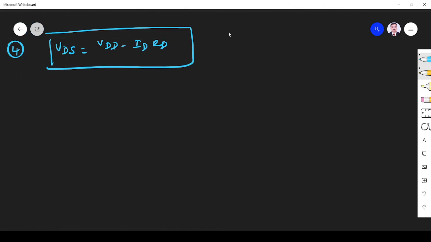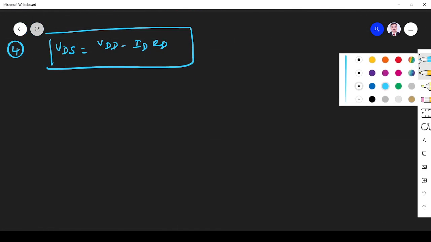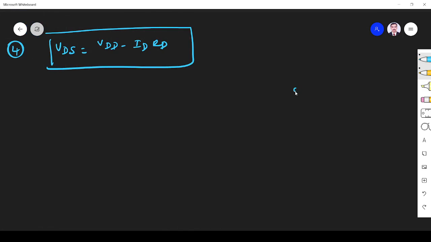Okay, so let us solve one problem from this. Let us assume the MOSFET is like this. So it is NMOS.